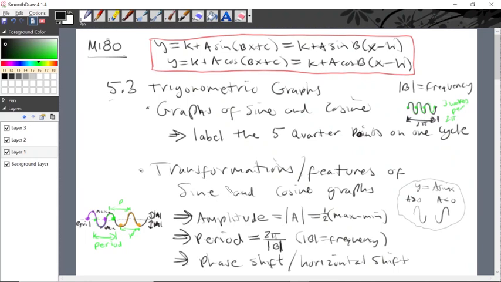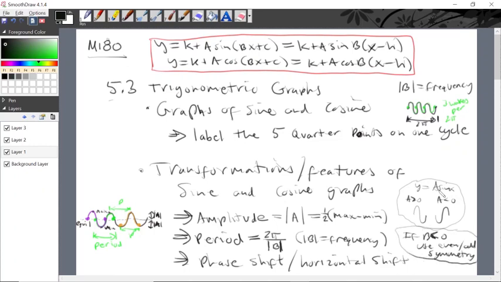Recall that sine is odd and cosine is even, in order to deal with when we have a negative value of B. So if B is less than 0, then you can simplify the equation by using the even and odd symmetry. So we can take a look at an example like that.